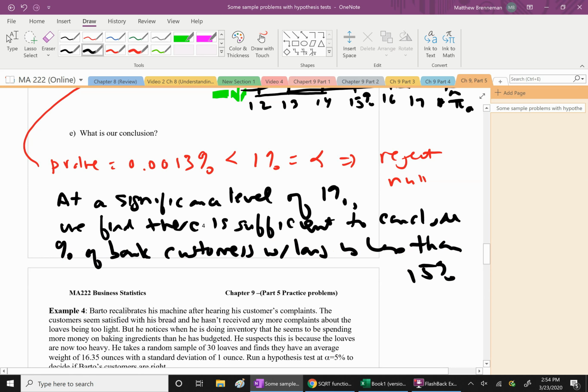So at a significance level of 1%, we find there is sufficient evidence to conclude the percentage of bank customers with loans is less than 15%. All right, very good.